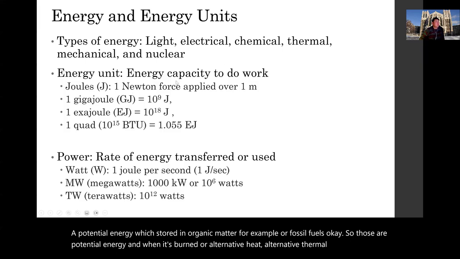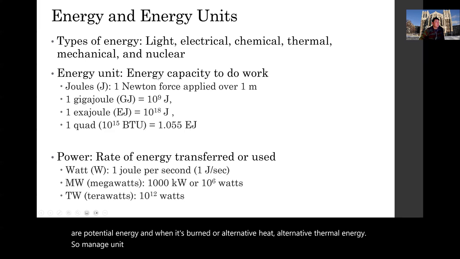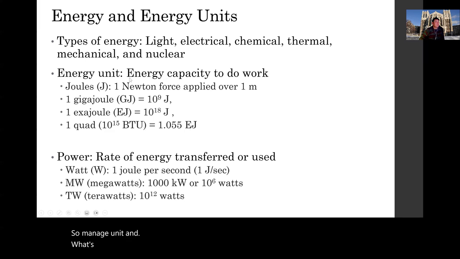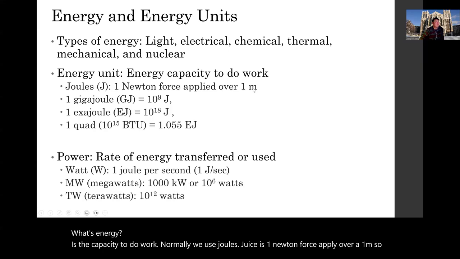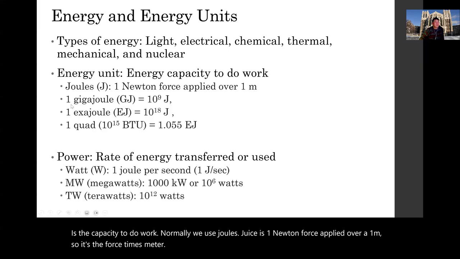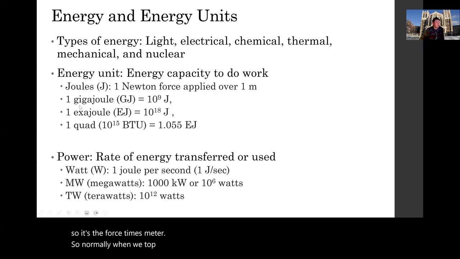Some energy units. Energy is the capacity to do work. Normally we use joules. A joule is 1 newton of force applied over 1 meter, so it's force times meter. When we talk about global energy, we use the exajoule, which is 10 to the 18th joule.